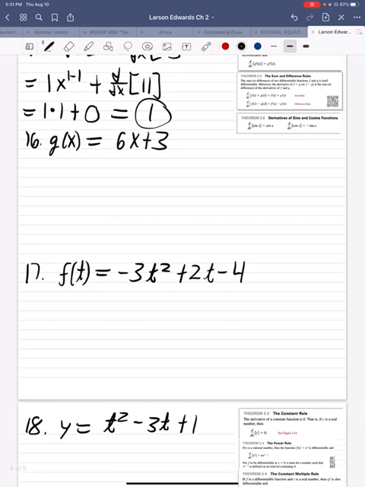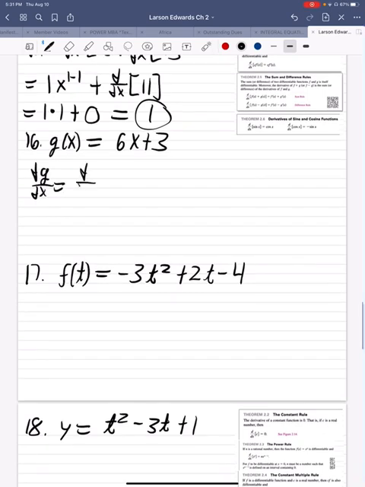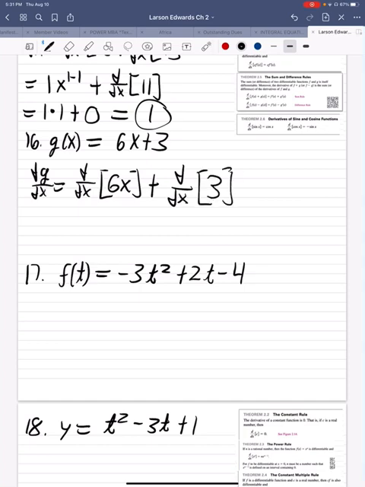Here we have g of x. Again, another sum rule. dg dx would be equal to the derivative of the individual terms. You know the power rule once again. This is a linear function of x, or a linear term.